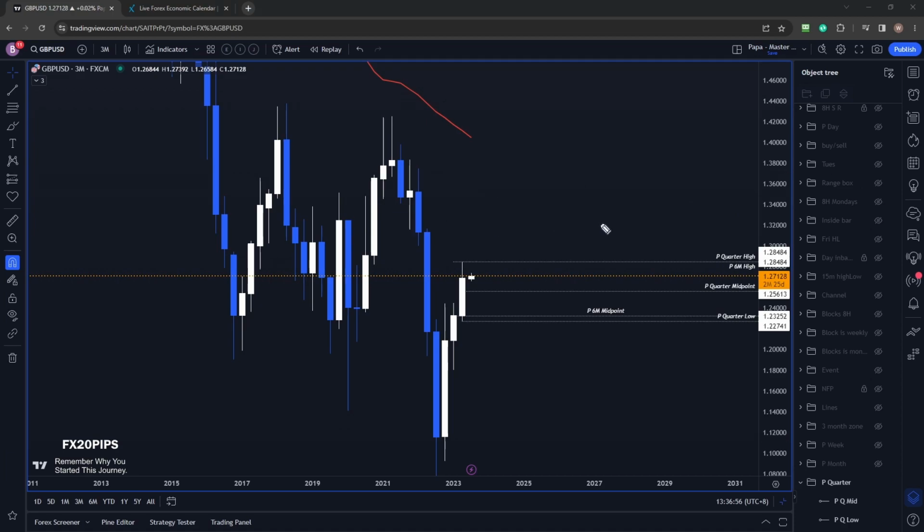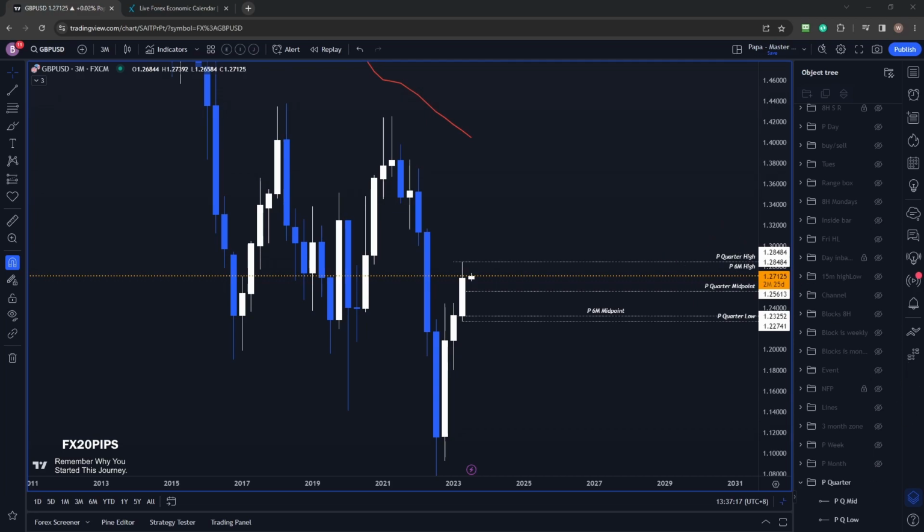As you can see, the last 6-month high and last 3-month high are the same, because the bulk of the bullish move came from the last 3 months. Simple as that. And I will also leave the quarter midpoint here. I will remove the quarter high because they are the same.